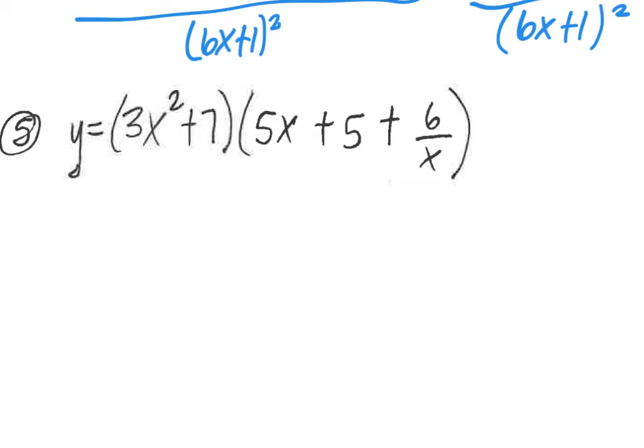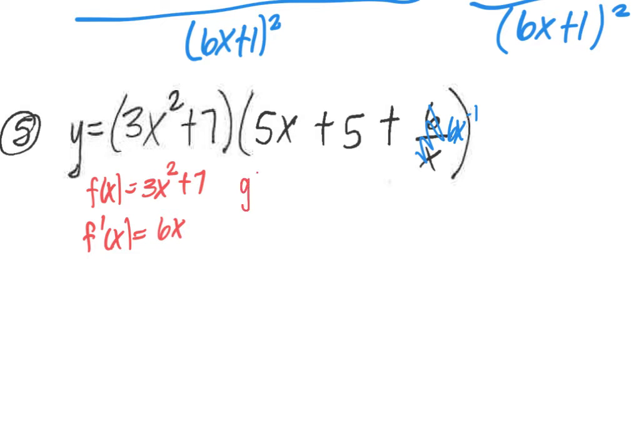Okay, right here we have a product rule. 3x squared plus 7 times 5x plus 5 plus 6 over x. So I'm just going to think of this as 6x to the negative 1. I think that'll make me happier. So the first function is 3x squared plus 7, and its derivative is 6x.